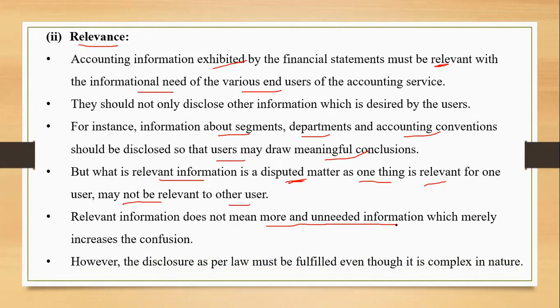Disclosure as per the law must be fulfilled, even though it is complex in nature. So as per the law, whatever basic things are required, keep on disclosing such things in the books of accounts.